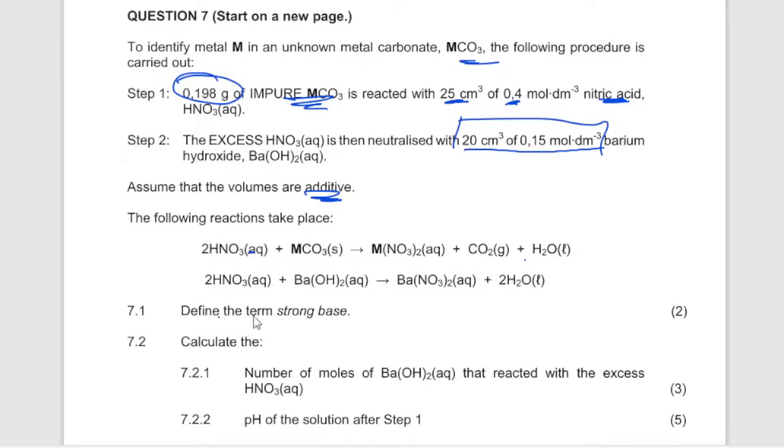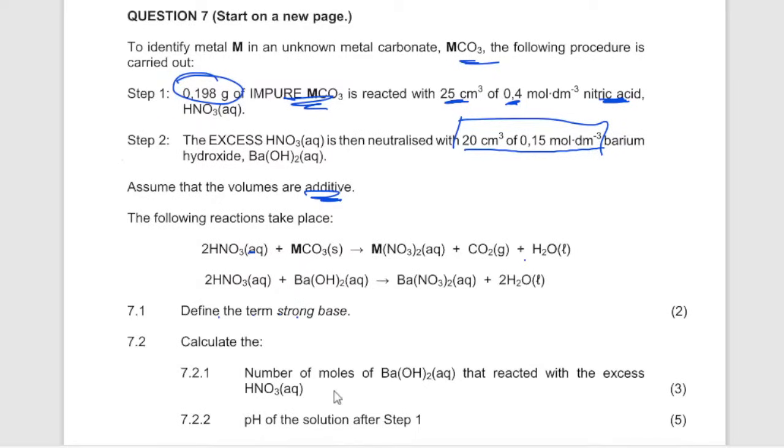Okay, define the term strong base. This is a definition. We usually talk about it, but please define it. A strong base basically must be able to dissociate completely when it dissolves in water. Yes.